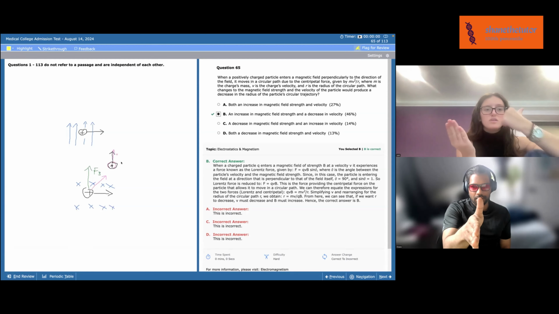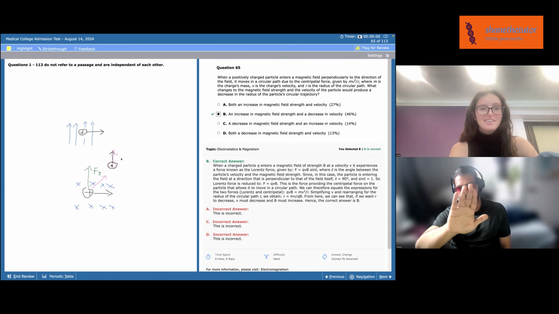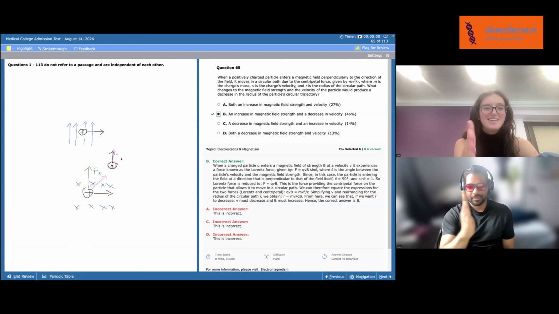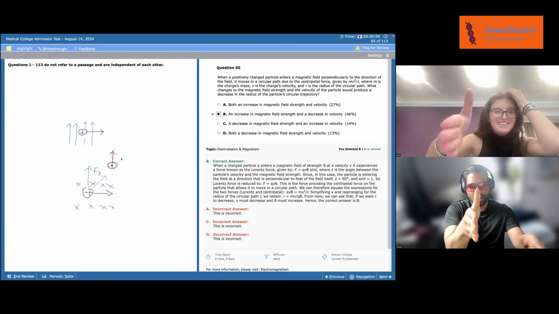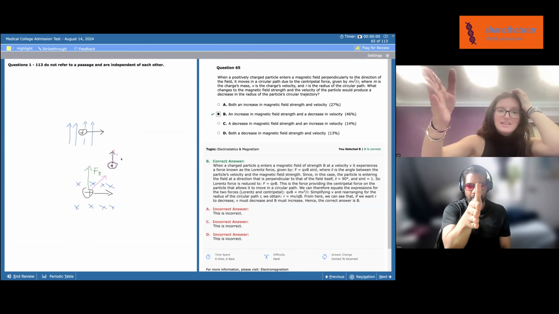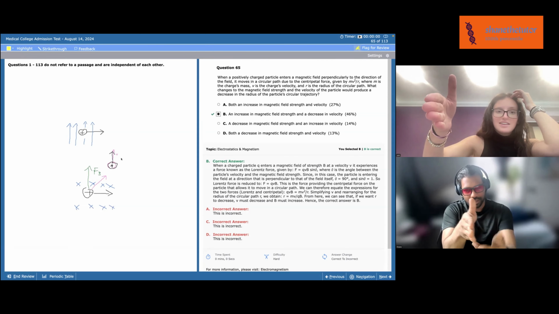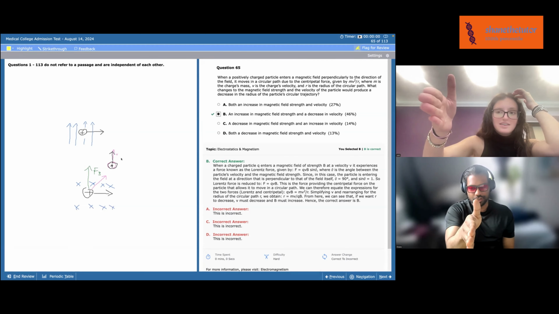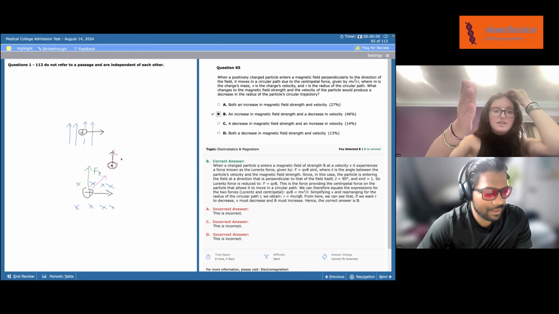Or would it be going this way now, to the left? So you don't want to bend your thumb. You want to keep it flat, like a karate chop. So now the particle velocity is moving up, so our thumb is up. The magnetic field is still going into the page, so it's still facing our screen. But now the force is going to the left. Exactly.